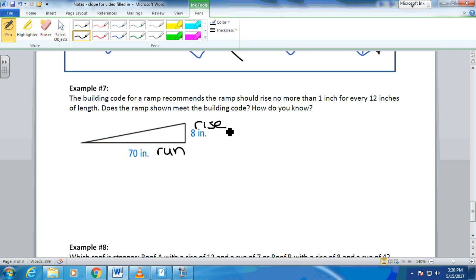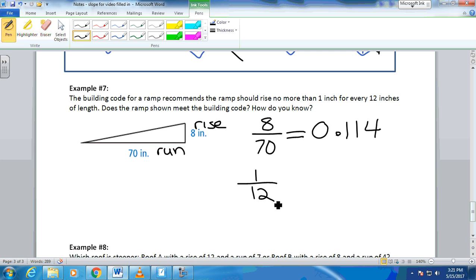So if I look at the rise divided by the run, 8/70 is equivalent to approximately 0.114. If I take the slope that they told us, which said that the ramp should rise no more than 1 inch, so that's your rise, for every 12 inches of length, that's your run, that is equivalent to 0.0833 with the 3 repeating.